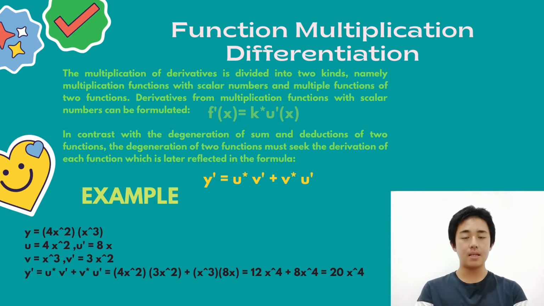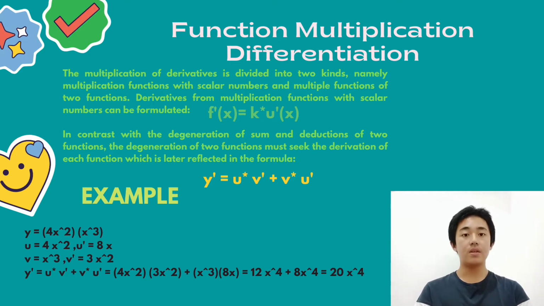So we just need to put it down. 4x squared times 3x squared plus x cubed times 8x. We combine both sides, that is 12x to the power of 4 plus 8x to the power of 4.